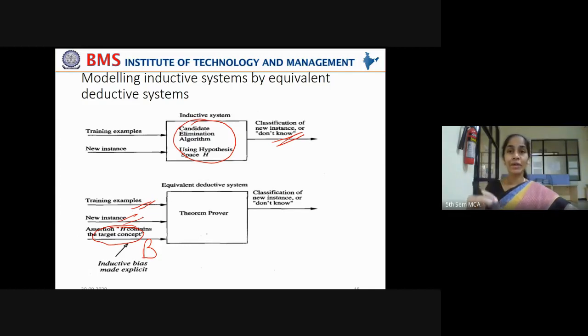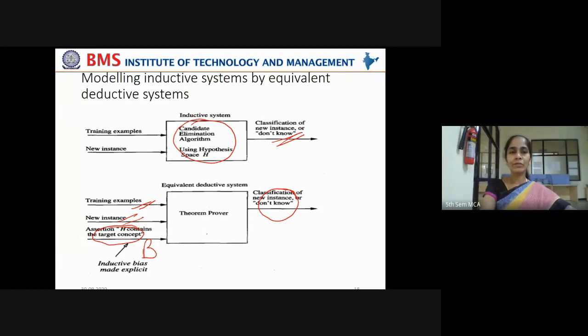This assumption is very much important in order to reduce the hypothesis space and make the learner more generalizable to predict more labels correctly. Okay, so this assumption is added to the deductive system, which will again give a classification of a new data point, whether it is yes or no.